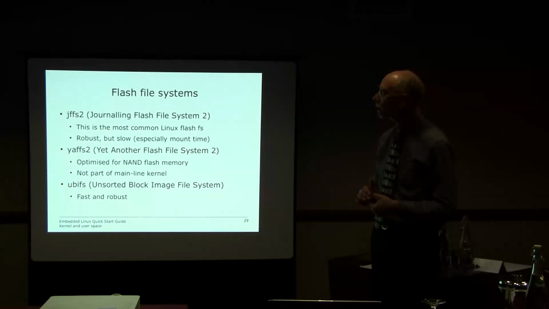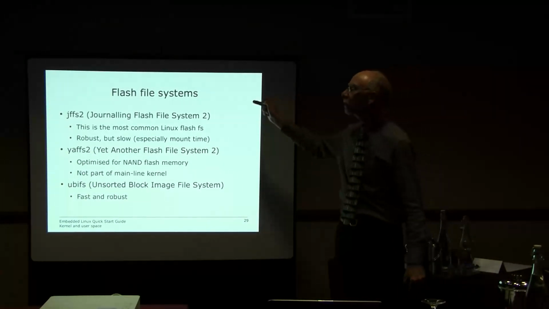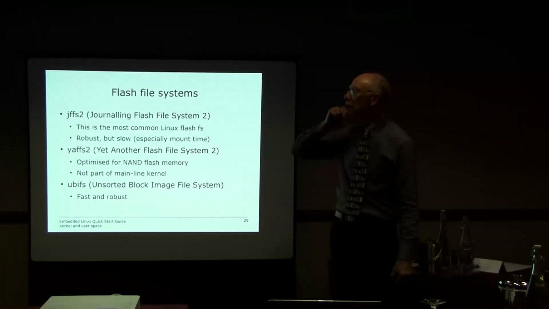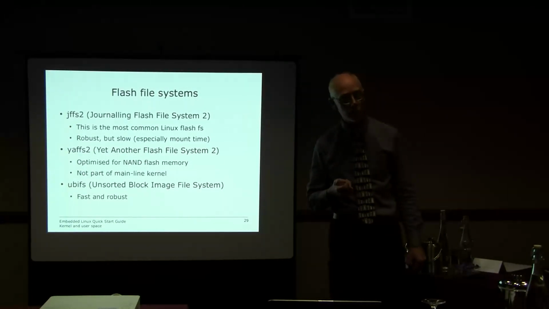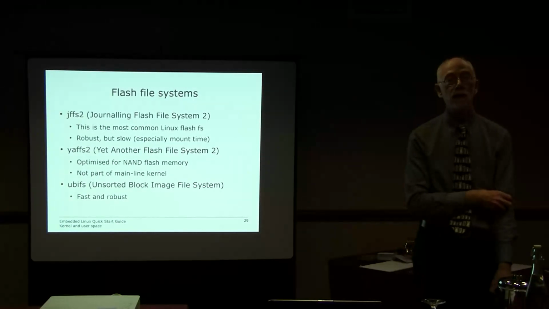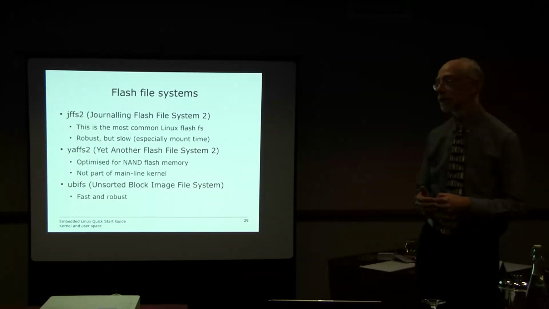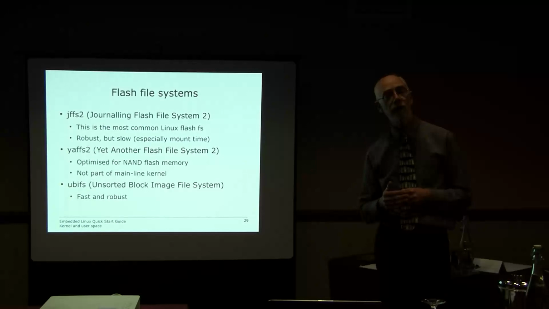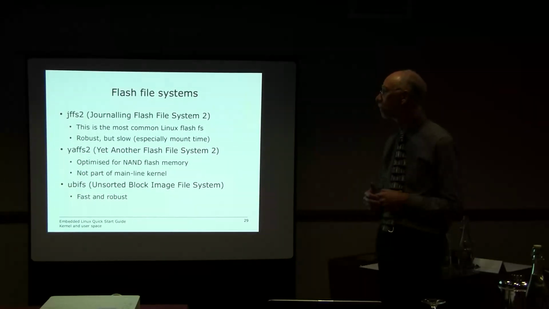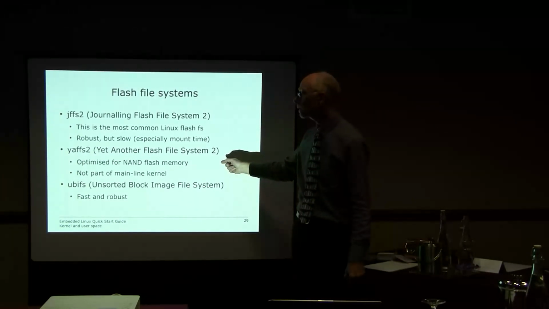So here's a very quick overview of flash file systems. JFFS2 has been around for a long time, and it's the most commonly used one. But it has some downsides. It's not particularly fast, which is its biggest problem, especially at mount time. So it can take tens of seconds to mount a JFFS2 partition. YAFFS2 is another fairly common option.